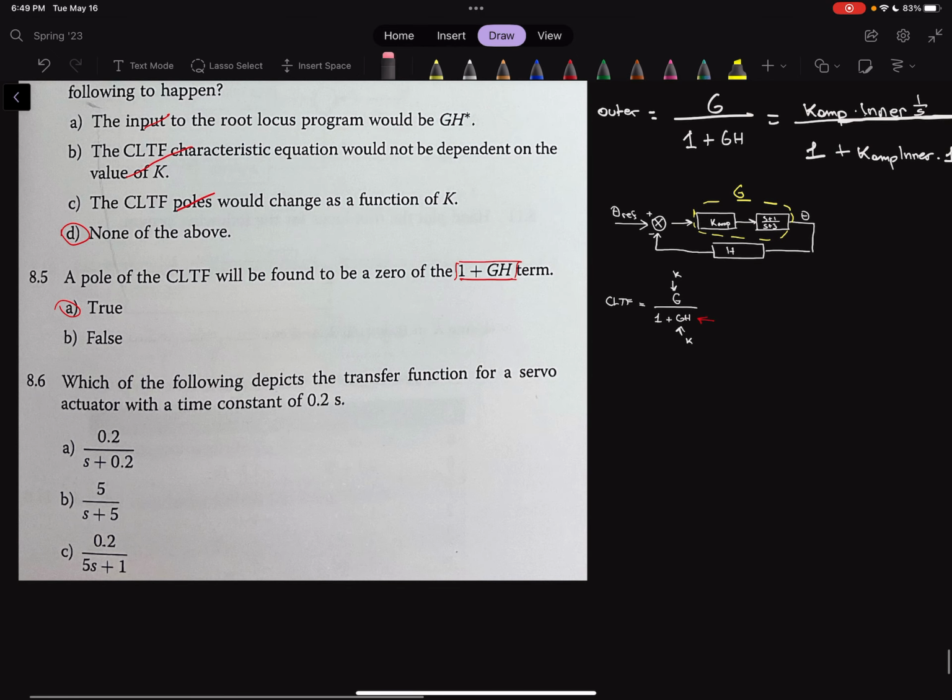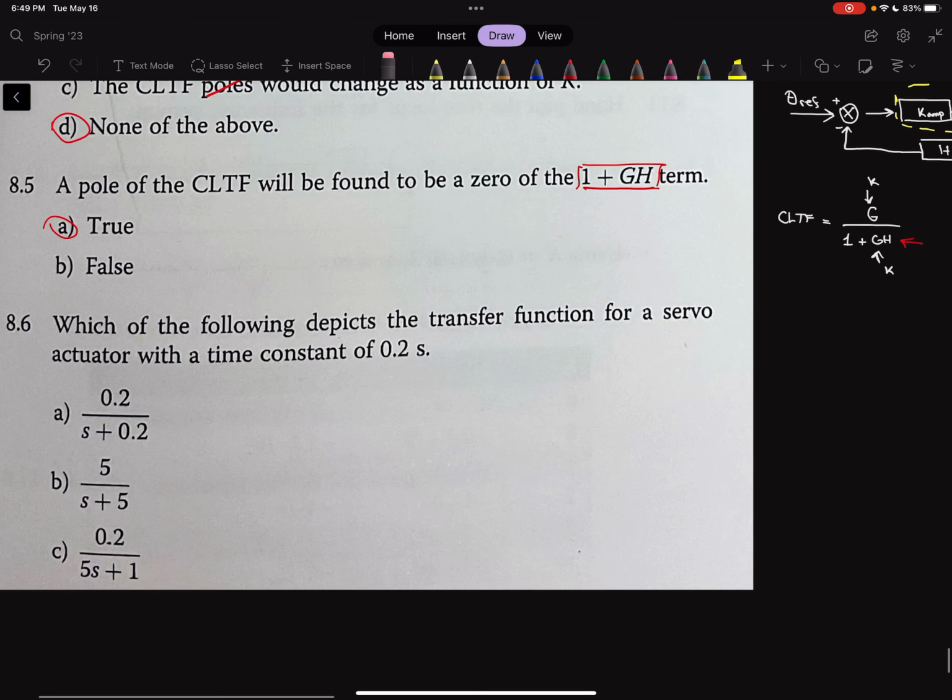Which of the following depicts the transfer function for a servo actuator with a time constant of 0.2? Well, let's remember what a time constant is. It's 1 over the root, or the negative reciprocal of the root.